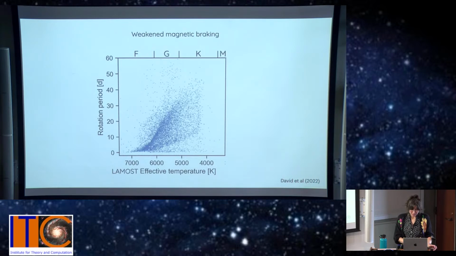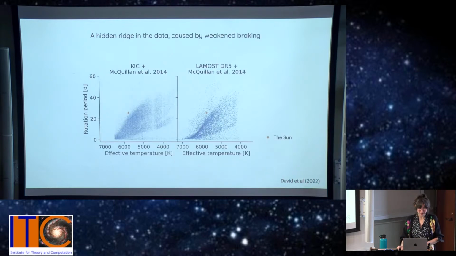Now, this might seem like a big problem for gyrochronology, and I actually often find people saying, oh, gyrochronology doesn't work because of this. It actually only affects quite a small fraction of stars. It mostly affects G dwarfs, and only once they get to halfway through their lifetime, by which time isochrone fitting actually doesn't work too badly for G dwarfs.